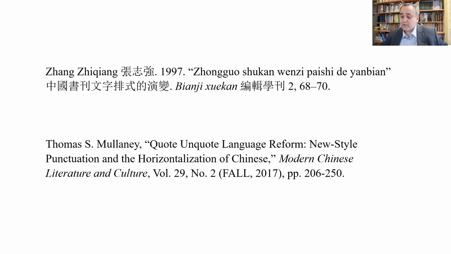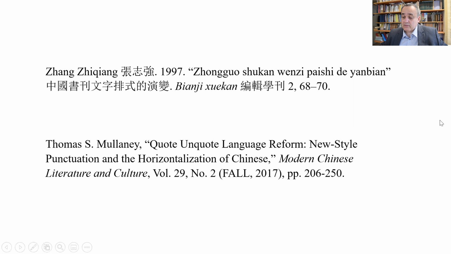These movements are always associated with the early 20th century movement to modernize China, to make China catch up with the rest of the world. So it's quite unexpected that this very visual and conspicuous aspect of Chinese writing hasn't been explored in much detail before.